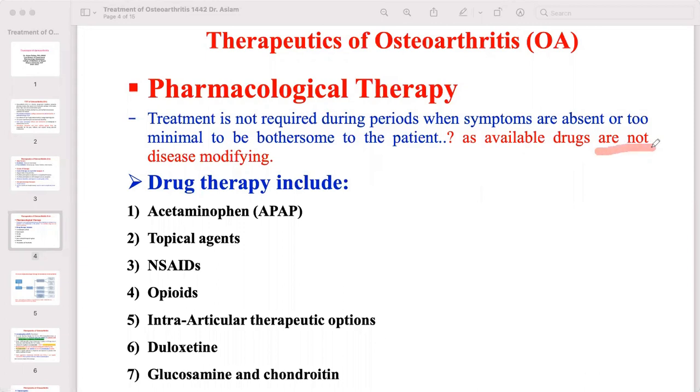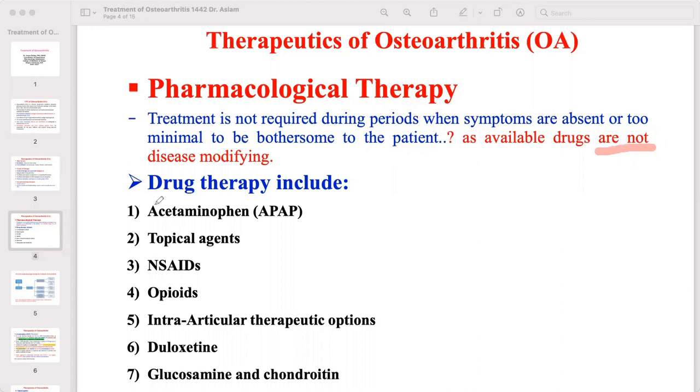The available drugs just provide symptomatic relief from the pain and thereby disabilities in the patients. So these drugs will not modify the disease, just reduce the pain and the symptoms.